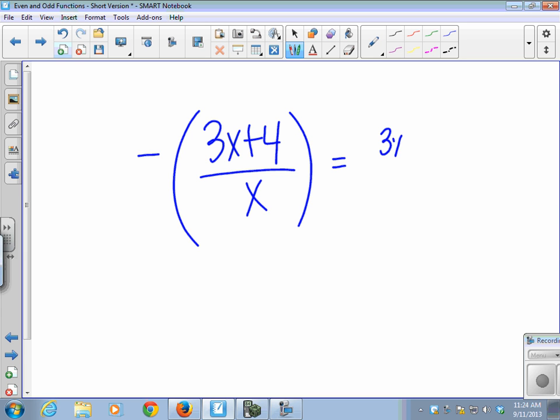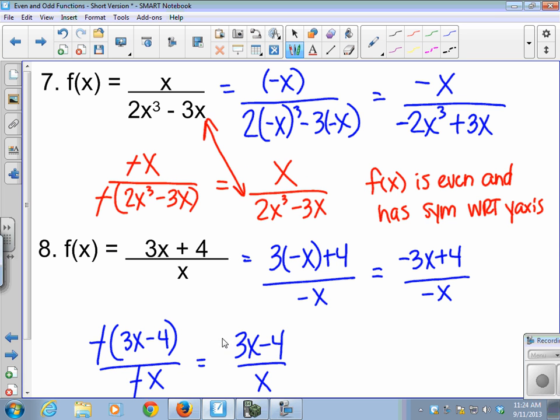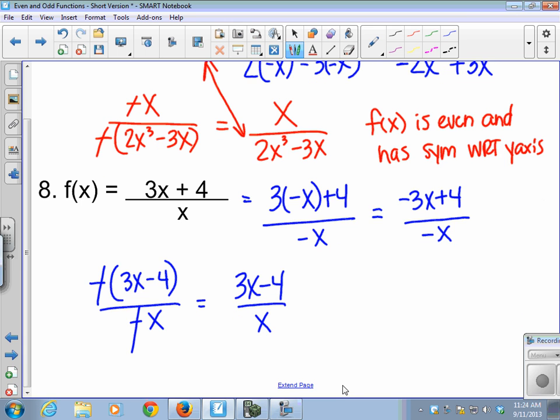So this would be negative 3x minus 4 over x. And this would be the opposite. And so, since we do not have that extra negative that we need right here, this is not the opposite. So this is going to be neither. So you would say f of x is neither, and no symmetry.